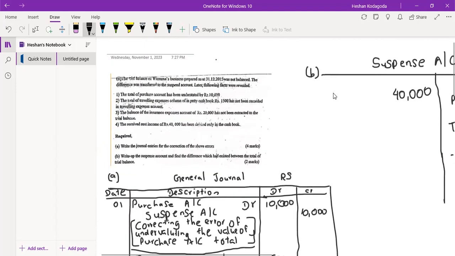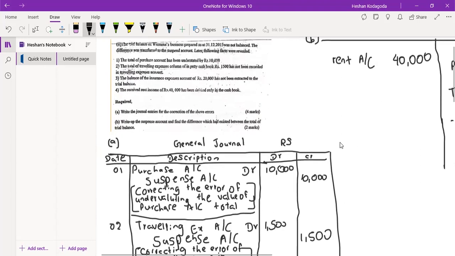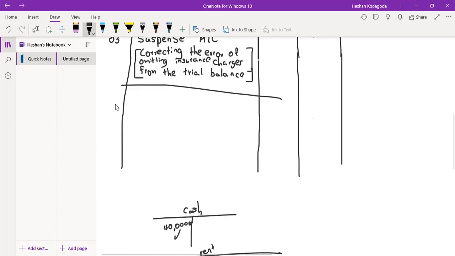So you can write a rent account. What is the double entry? Suspense account debit 40,000. Rent account credit 40,000.